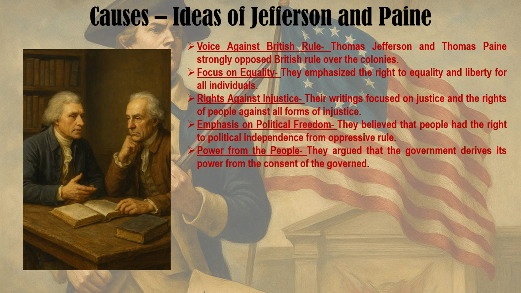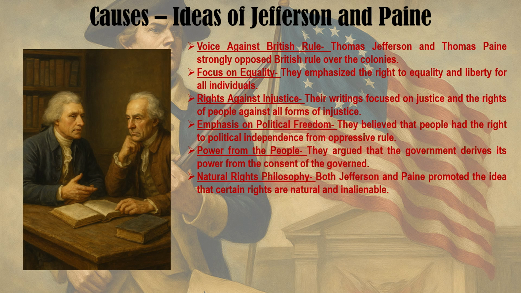So, according to Thomas Jefferson and Paine, government is not the owner of people. Government is in the service of the people. And so, people are the owners of the government. People are the main entities in the government.